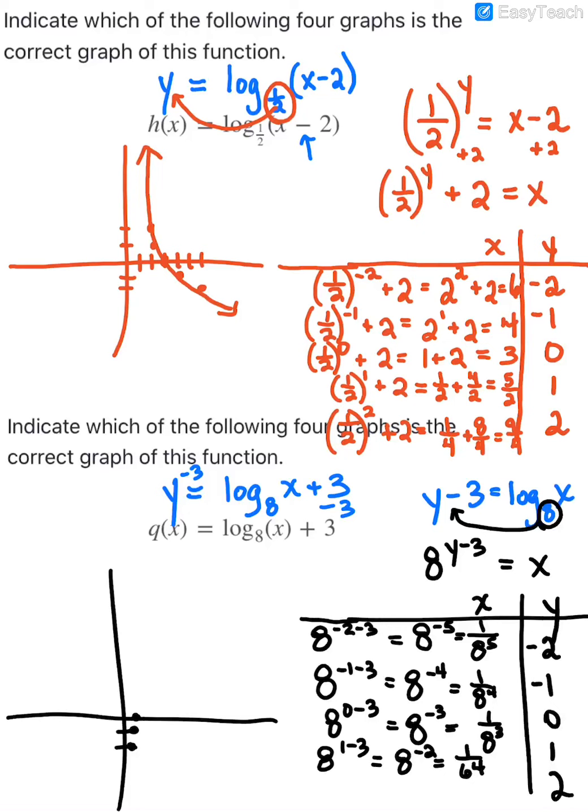So again, we're not even anywhere close to 1 in this case. These are so squished together. And then finally, when my y is 2, I get 8 to the 2 minus 3, which would be 8 to the -1st, which is 1/8. So when x is 1/8, my y is at 2. So you're getting a graph that looks more like that.